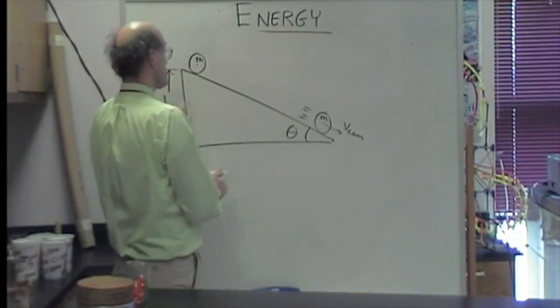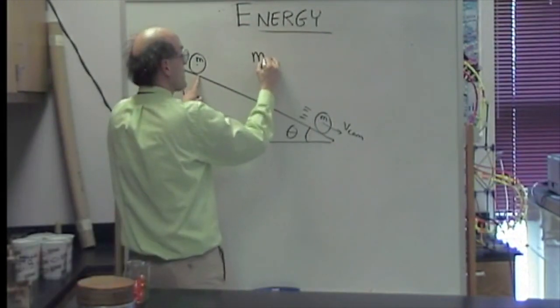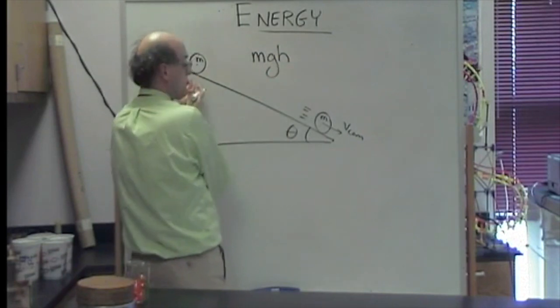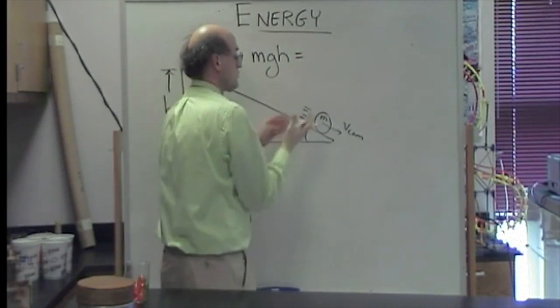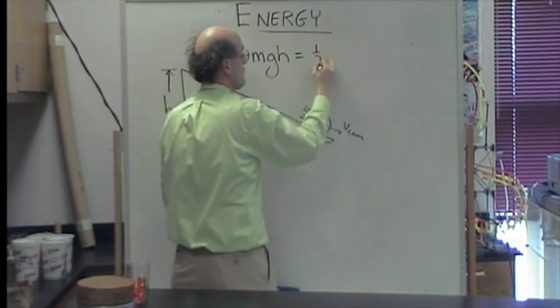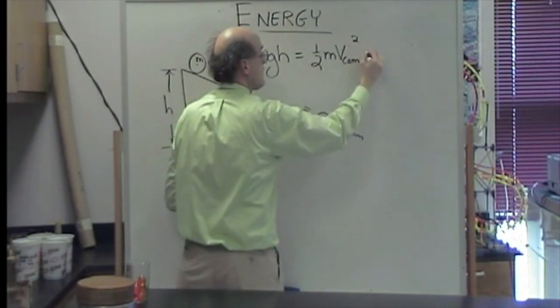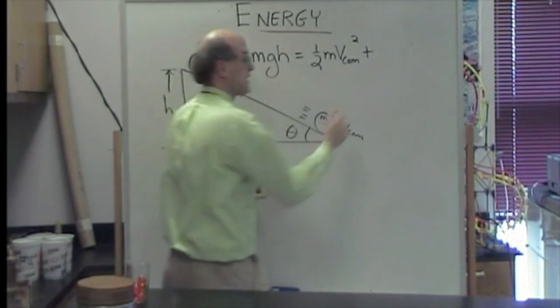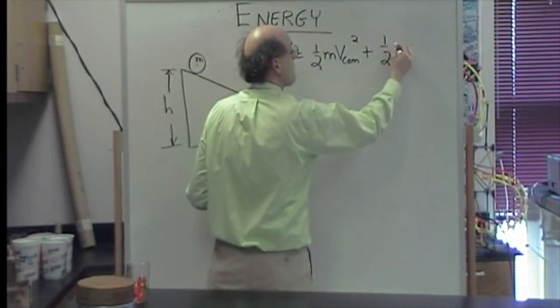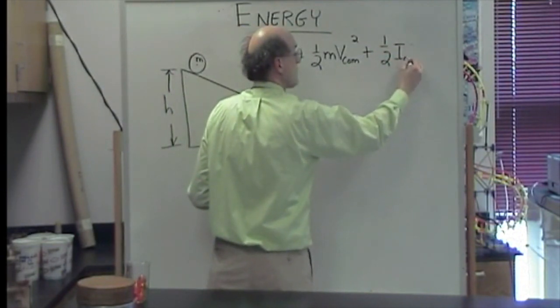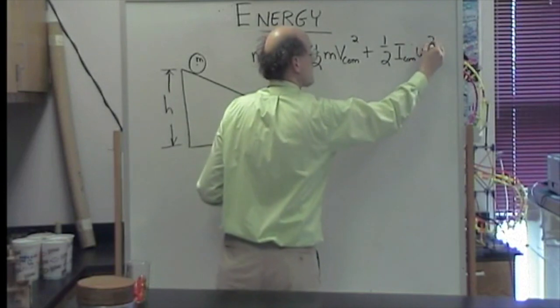So we can state then that the potential energy at the top of the hill is equal to the translational kinetic energy, 1/2 m VCOM squared, plus the rotational kinetic energy, 1/2 I about the center of mass, omega squared.